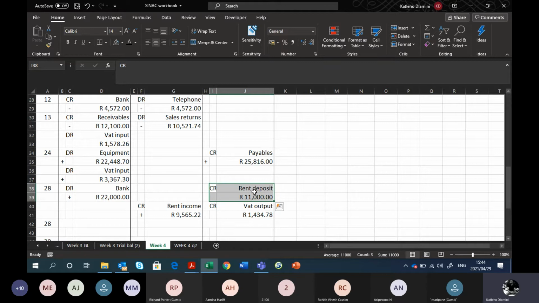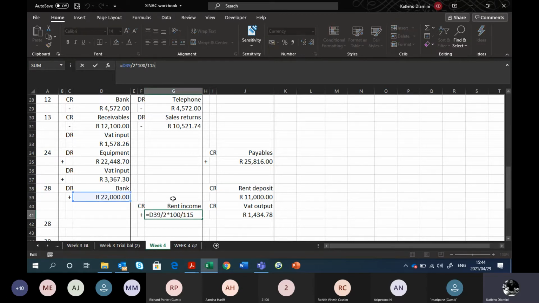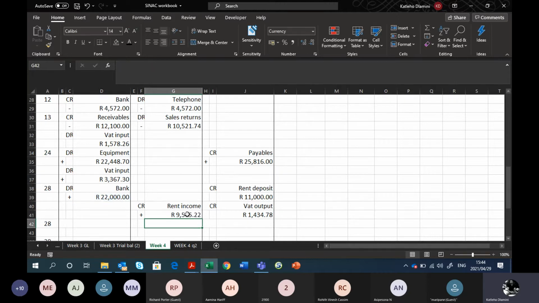This is a payables account type of thing. It's a liability, I mean. Then you credit your rent income, which is going to be the exclusive amount: that amount divided by 2 multiplied by 100 over 105. And then the difference between this amount and 11,000 is your VAT output.